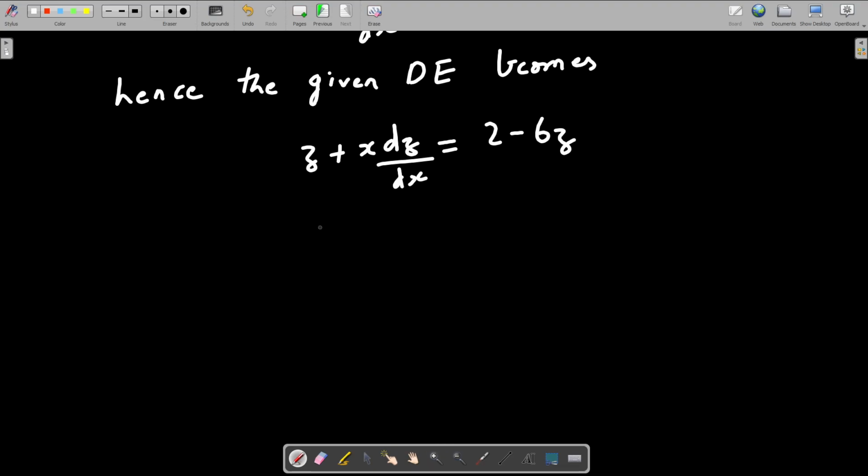So here we are. This goes this side. So x dz by dx equals 2 minus 6z minus z, so I write it directly as 7z.